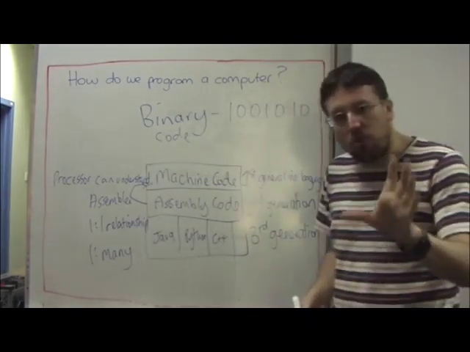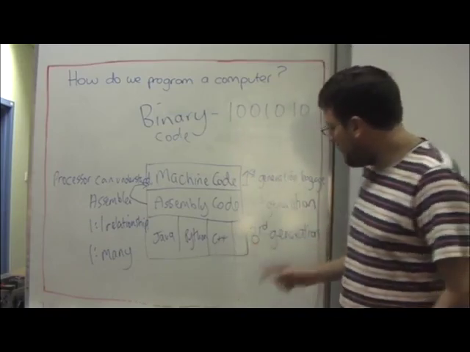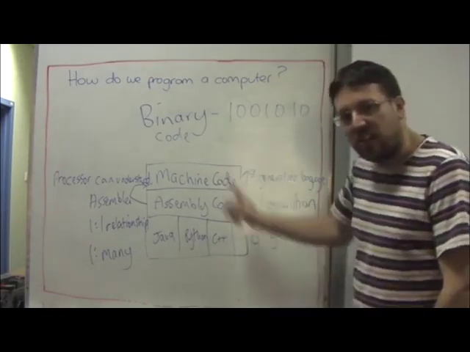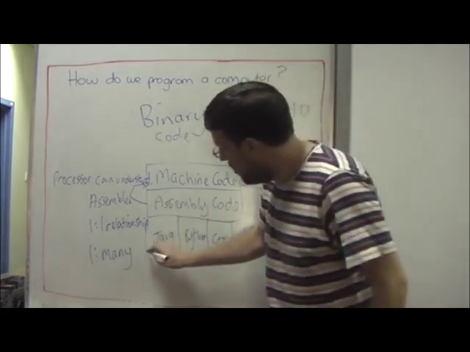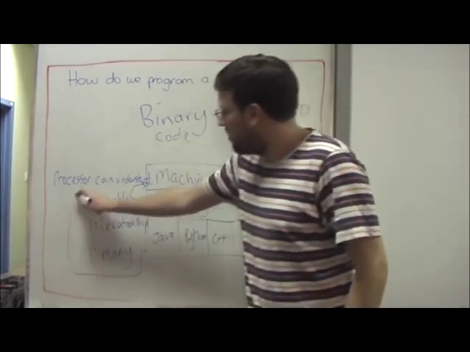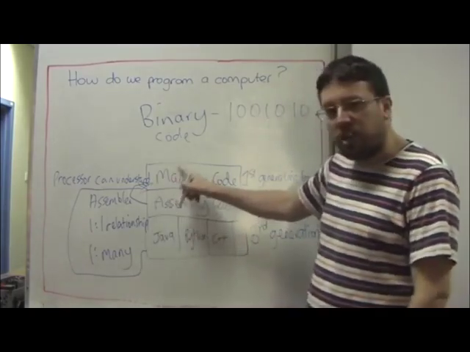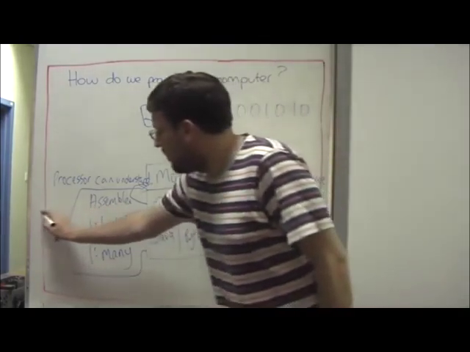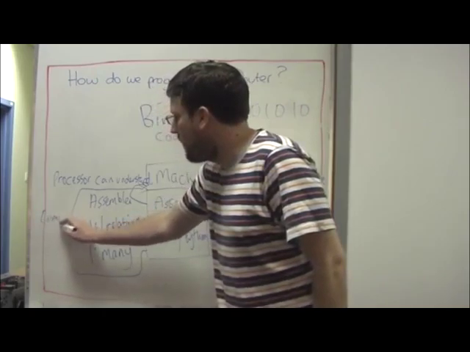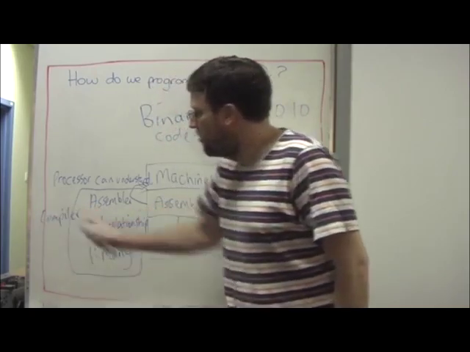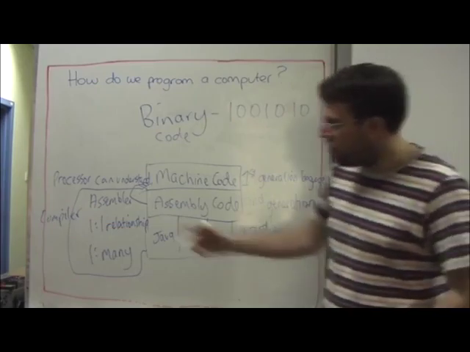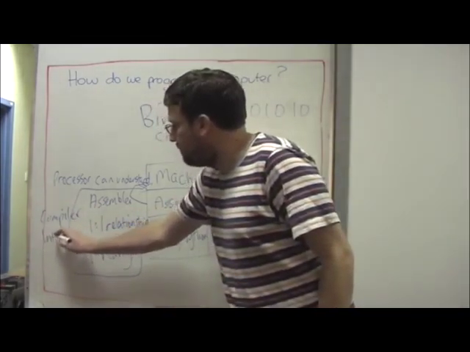There are two things we can use to translate third generation language instructions into first generation instructions. To go from third generation to first generation, we can use either a compiler or something called an interpreter.